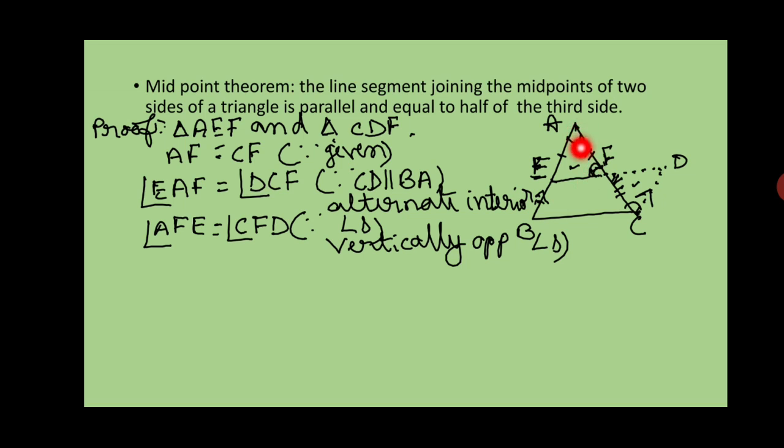Now see here: angle, side, angle. Here also angle, side, again angle. Two angles and one common side are correspondingly equal in two triangles.